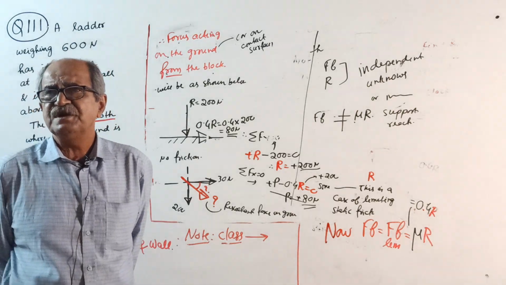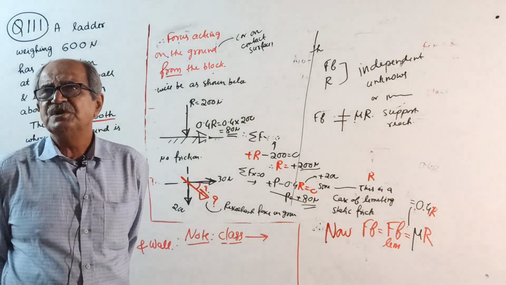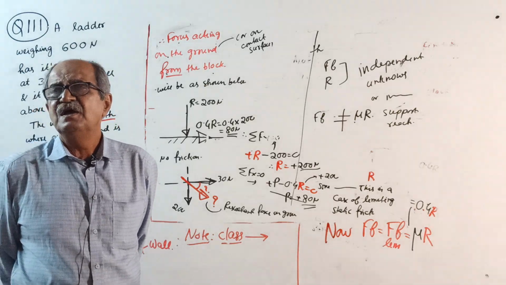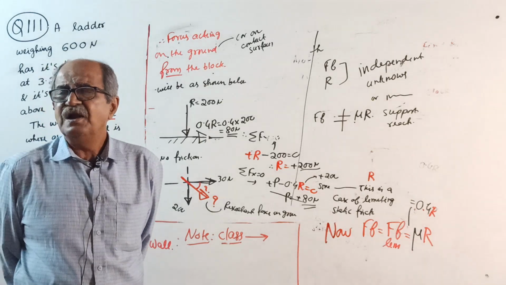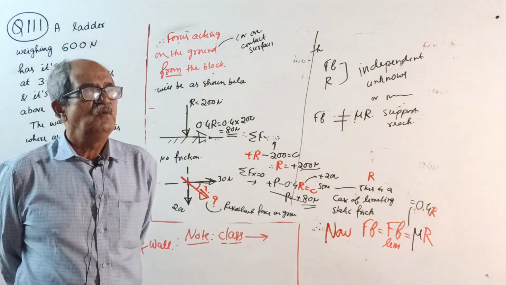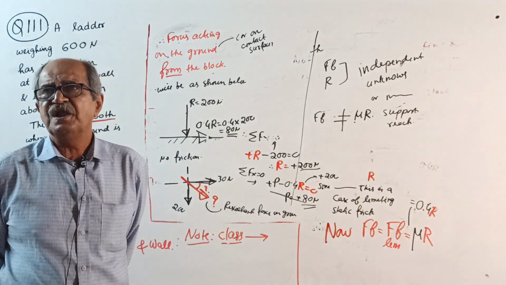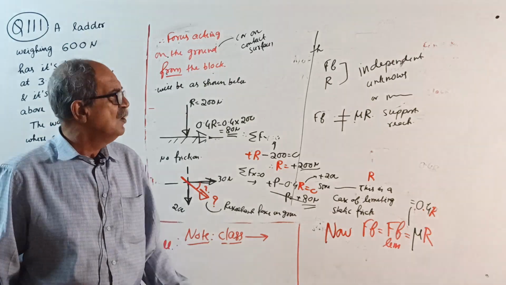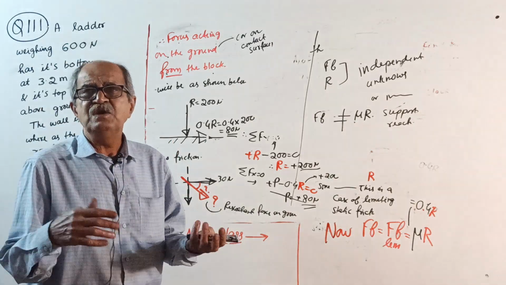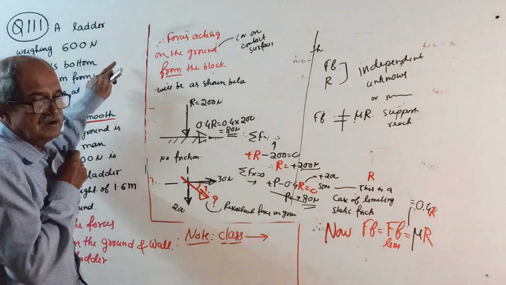First propped cantilever, fixed beam, continuous beam, then frames, etc. Moment distribution method, slope deflection method, Kani's method, conjugate beam method, Castigliano's energy method, consistent deformation method, and many more methods were there. Even the matrix method is there, which is actually once again the slope deflection method only. Matrix stiffness method, matrix flexibility method, or even solution by finite element method. All this comes in structural analysis. From the engineering mechanics point of view, you write the equation and say we cannot solve. That's all. Okay, I will now continue and start this question.